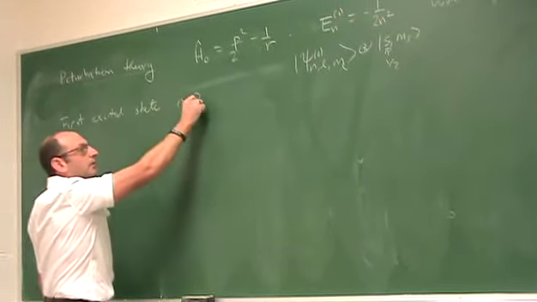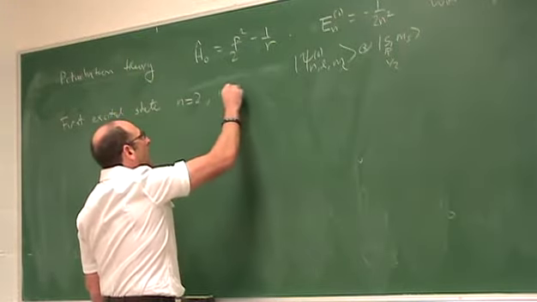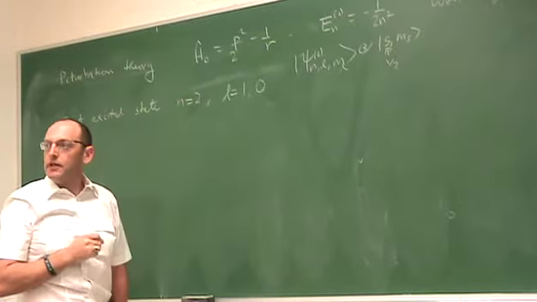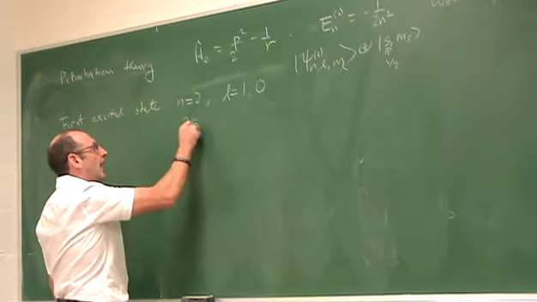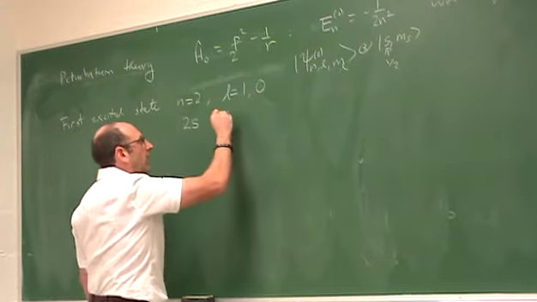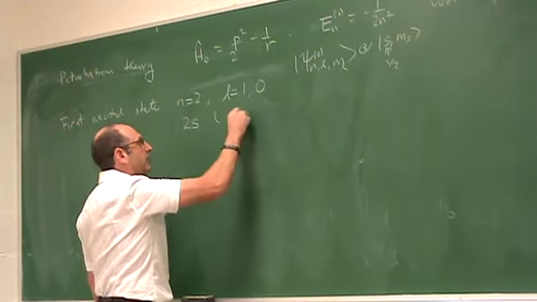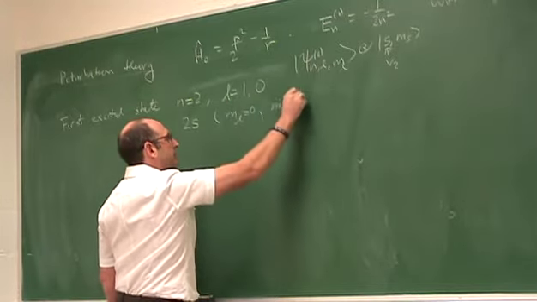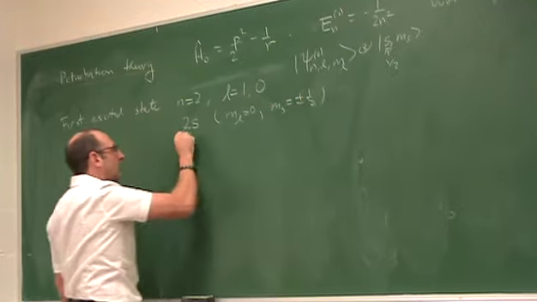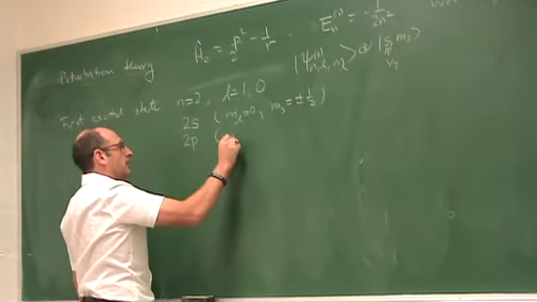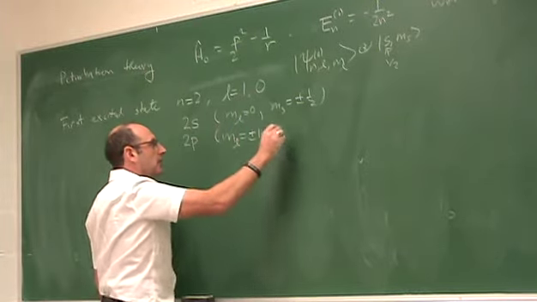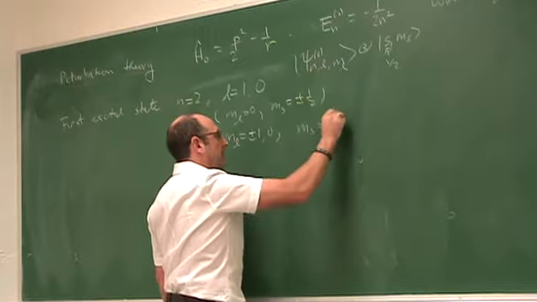N equals 2, and then we have L equals 1 or 0. So we have a 2s orbital with m sub L equals 0 and m sub s equals plus or minus 1/2, and a 2p orbital with m sub L equal plus minus 1 or 0 and m sub s equals plus minus 1/2.